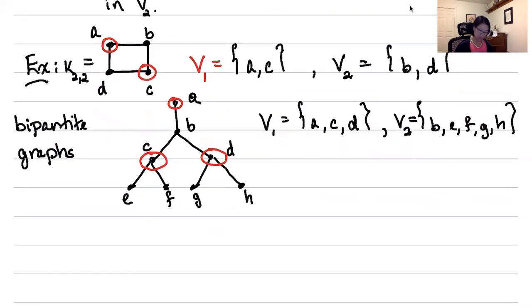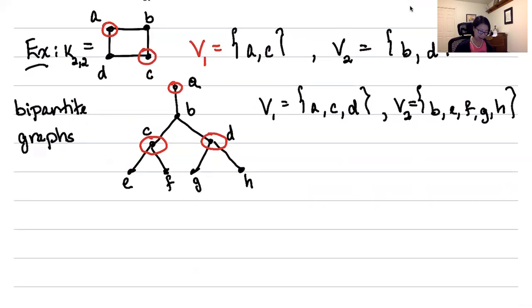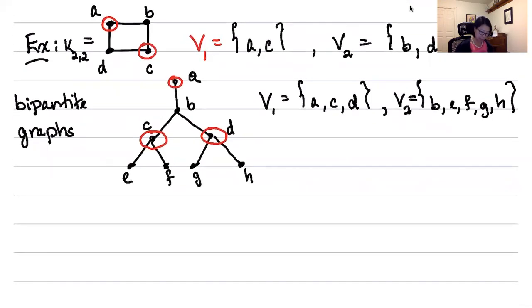This next one is not a complete bipartite graph because, for example, if it were a complete bipartite graph, then the vertex A would be connected to every black vertex. So A would have an edge connecting it to E, to F, to G, to H, etc.